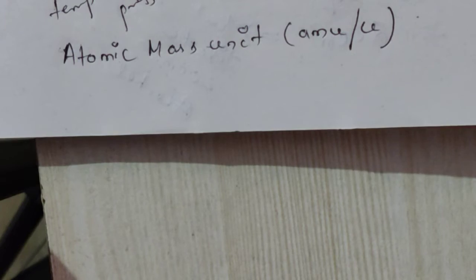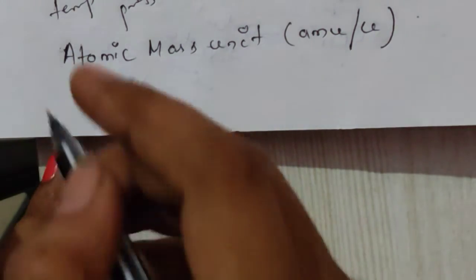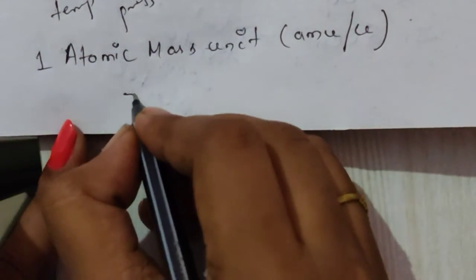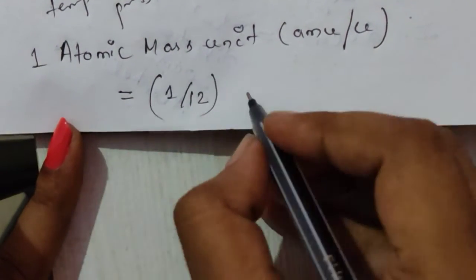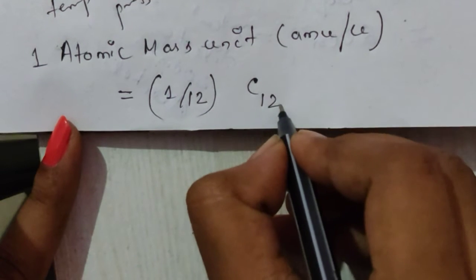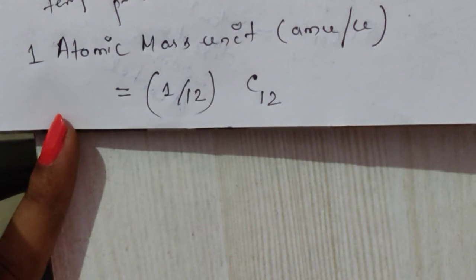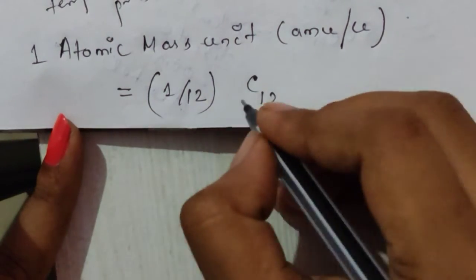This is used for the measurement of molecular masses, and it is defined as 1 atomic mass unit is equal to 1/12 of the mass of a carbon-12 isotope, including the mass of electron. Getting my point?